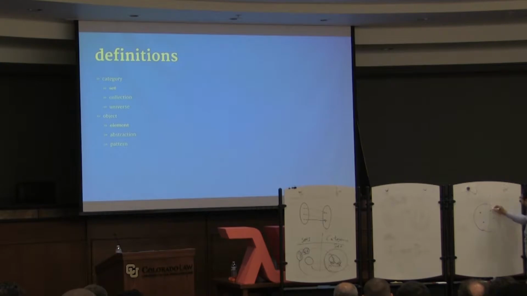Hidden inside of this object is some mathematical structure. It could be a set. It could be a group. It could be a ring. It could be some dynamic system like this. It could be a lot of different things, and we don't care what it is. It's some kind of pattern. It's some kind of structure.